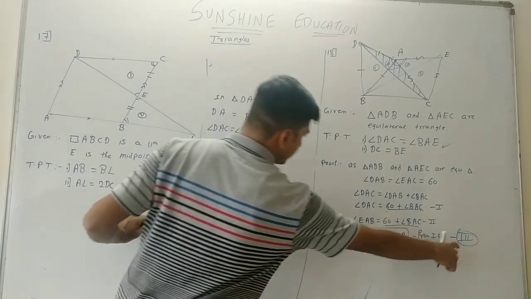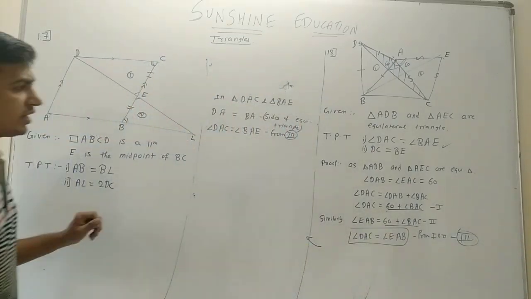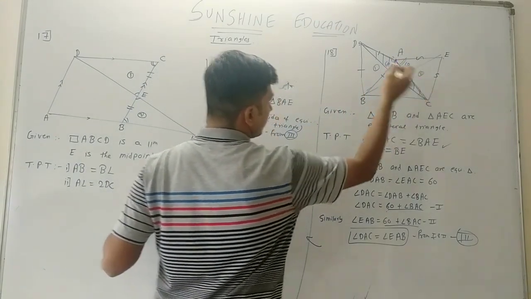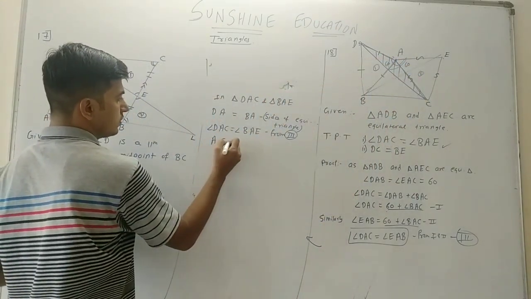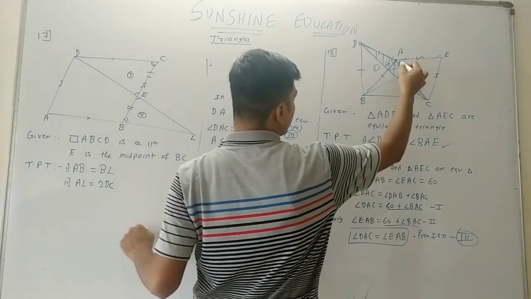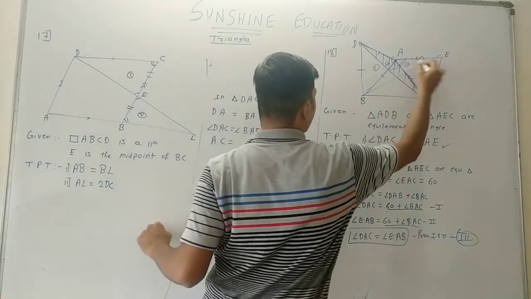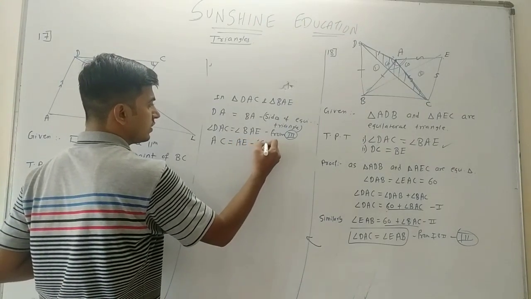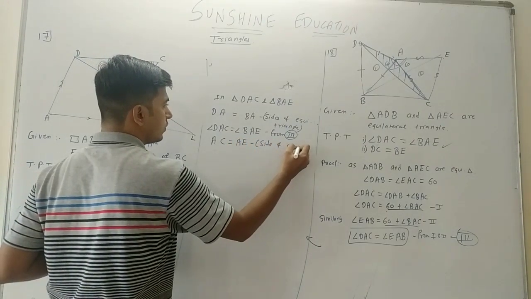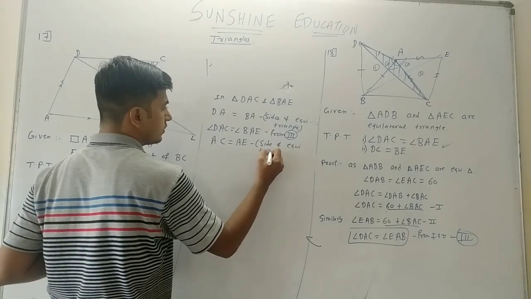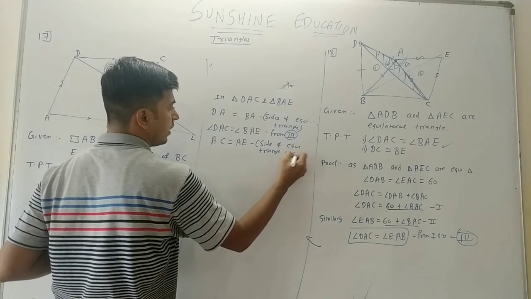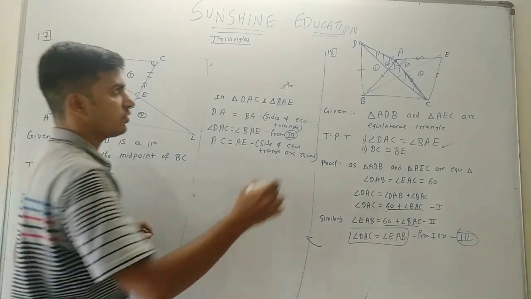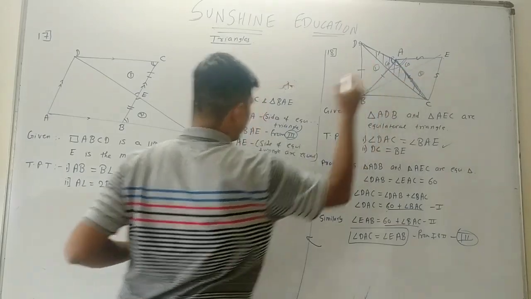And AC of the first triangle is equal to AE of the second triangle, again sides of an equilateral triangle are equal. So we have side, angle, and again side.